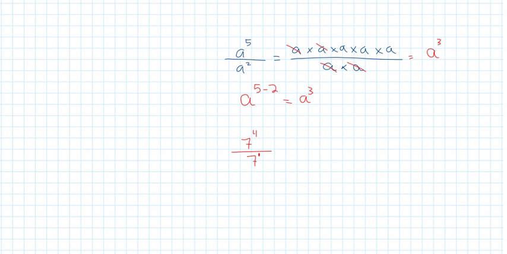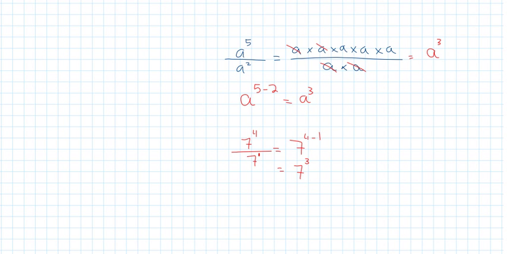I'm not going to expand, I'm just going to use the formula. I keep the base the same. What do I do with my exponent? Subtract them, so it's 4 minus 1. What's 4 minus 1? 7 to the power of 3. So I take the exponent and I subtract.